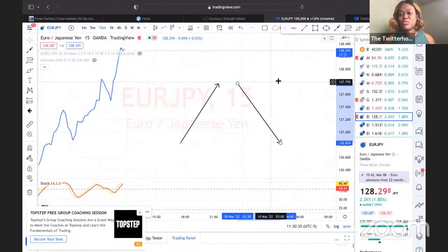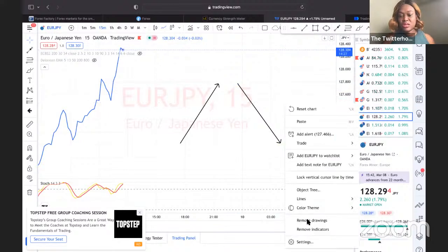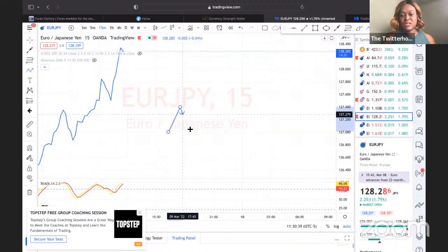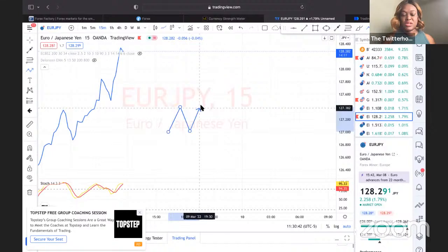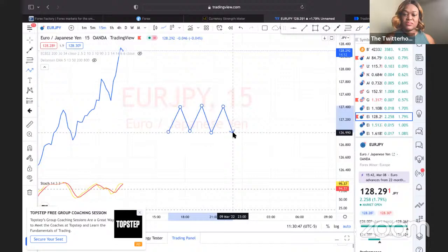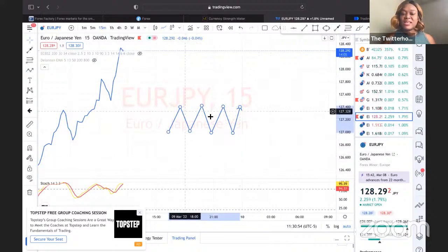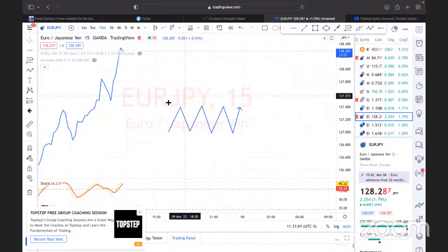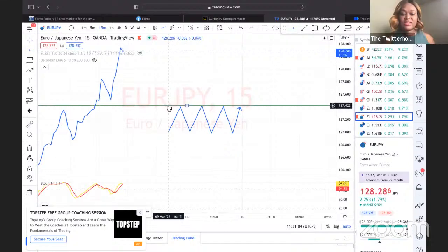But then it can move up and down and up and down and up and down. Can somebody tell me what it's called when price is just moving up and down like this? I think it's consolidation. Consolidation, that's right. All right.